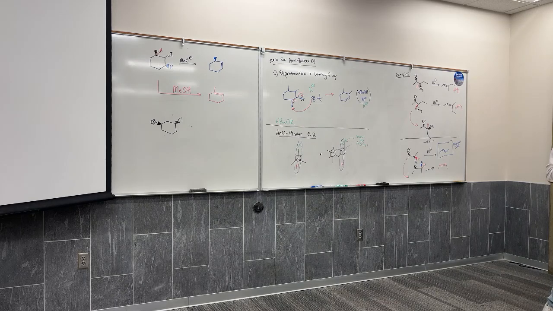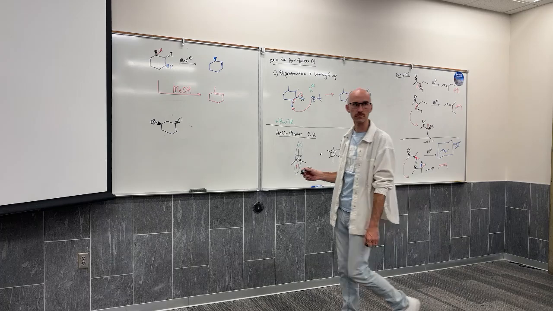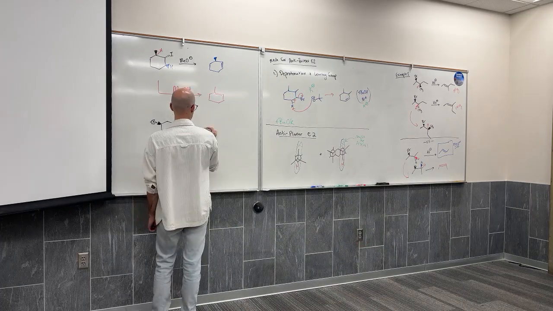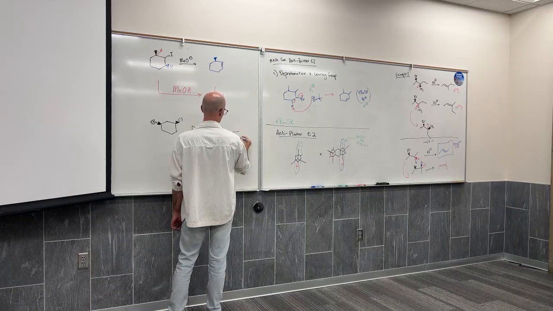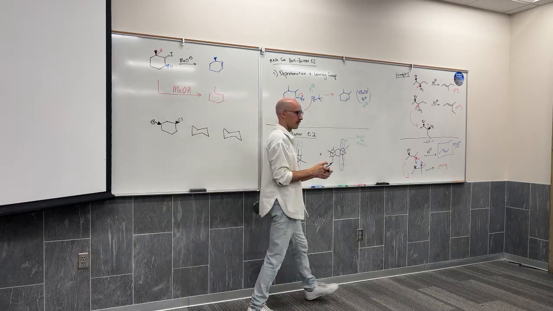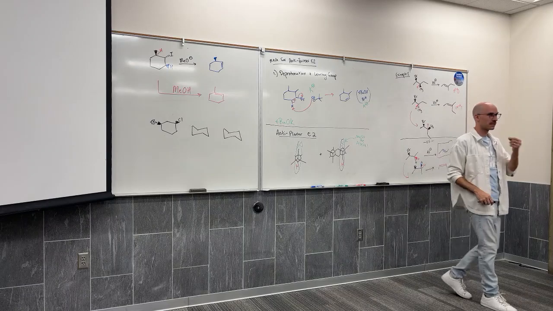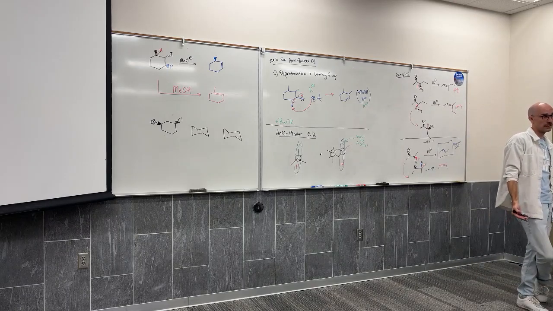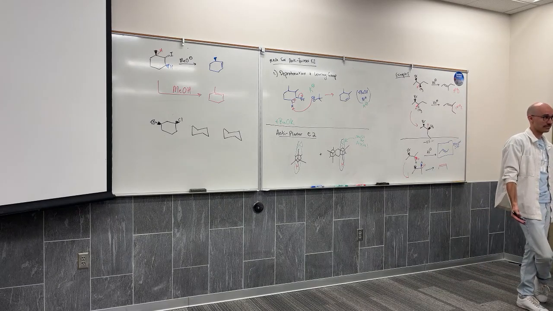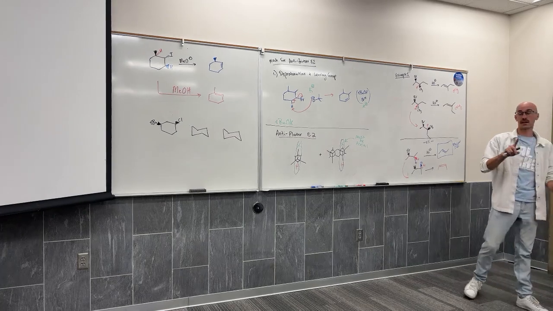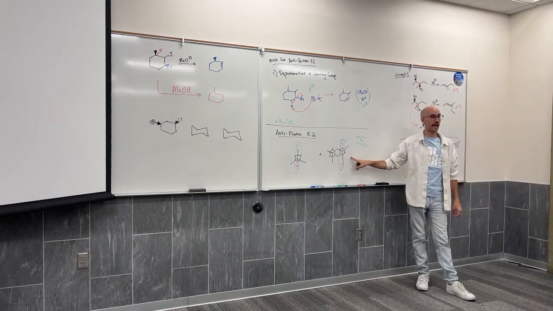Which conformation, the highest energy or the lowest energy conformation, is reactive to E2 elimination? To find out, we have to sketch them. We have to find the conformation where the halogen is axial, correct?